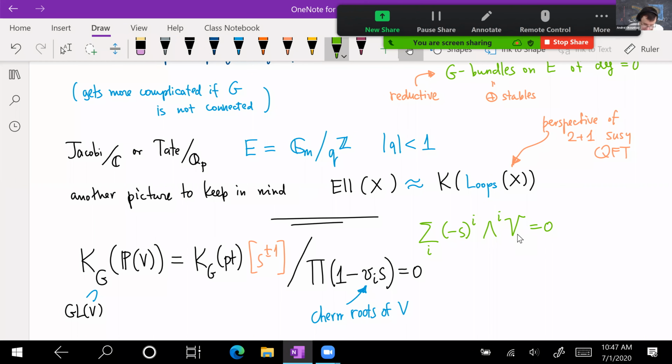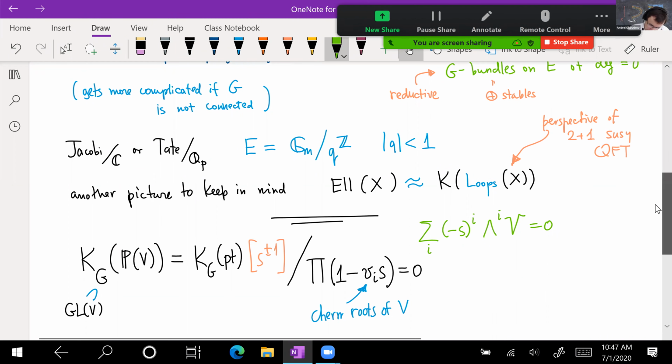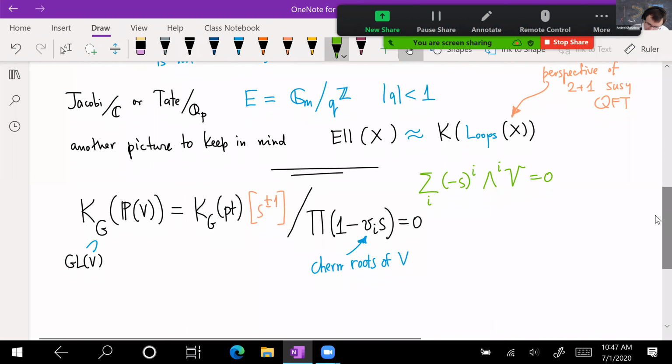But then this V, under the action of G, will split into some reducible representation. For example, if it's a maximal torus, it will just split into eigenvalues, like the splitting of V restricted to the maximal torus. So what does the G-equivariant K-theory of projective space look like?